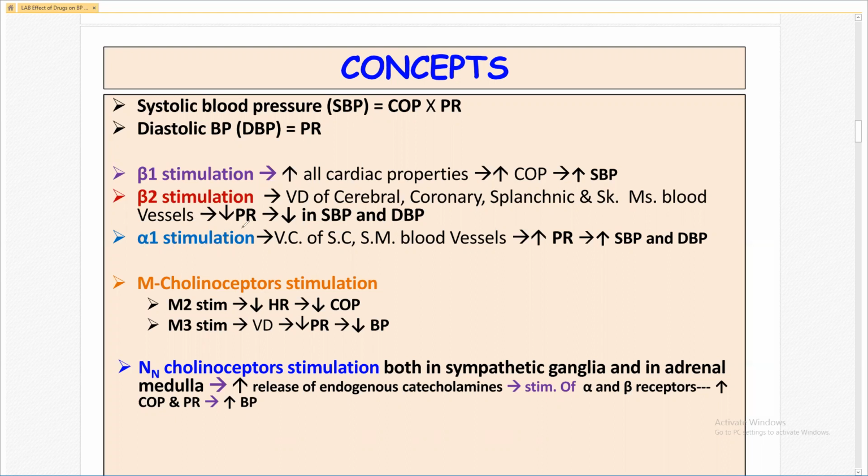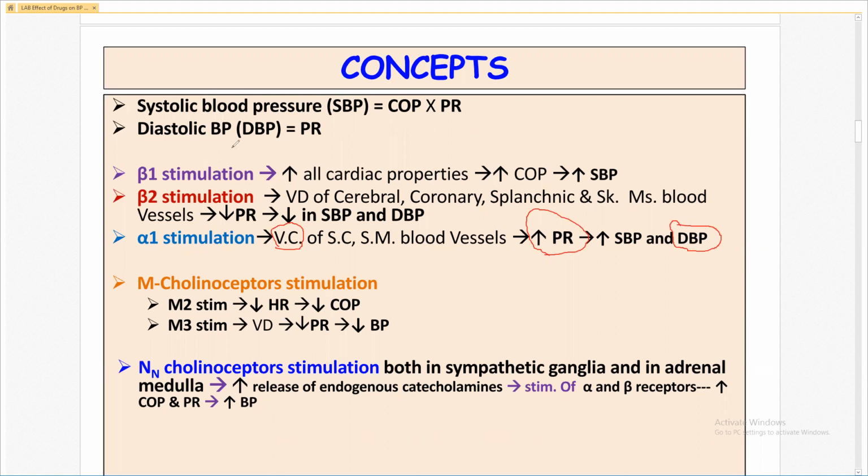Alpha 1 stimulation. Alpha 1 adrenergic receptor stimulation causes vasoconstriction. And if there is a vasoconstriction of the smooth muscle, skeletal muscle blood vessel, it causes increase in the peripheral resistance, and increase in the peripheral resistance increases preferably diastolic blood pressure.